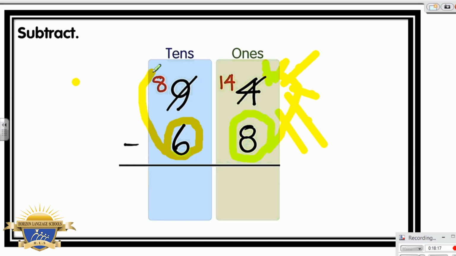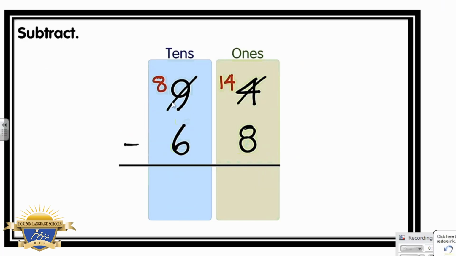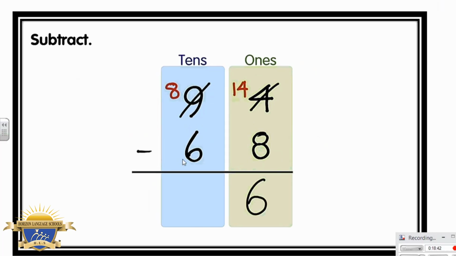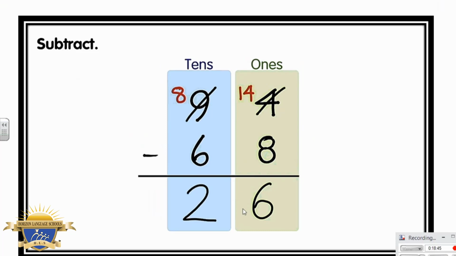After 6, 7, 8. So 8 minus 6 equal 2, and 14 minus 8 equal 6. So 94 minus 68 equal 26.